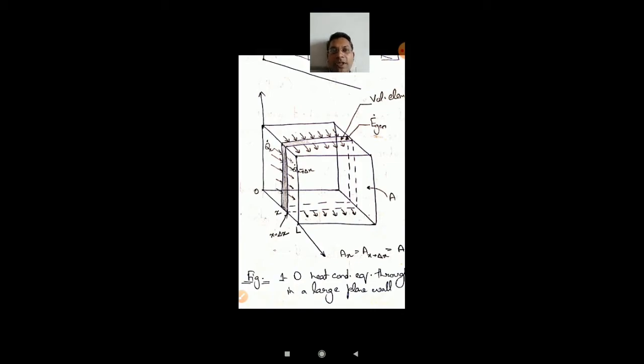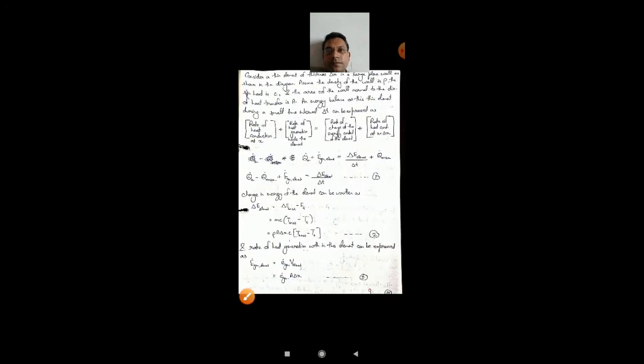How much energy is coming in, it is q dot x, and the energy generated is this, and the energy going out is qx plus delta x, plus the rate of change of energy within this element. That means how much energy this element has stored within it. So this can be written as, so this is the equation which is written here.